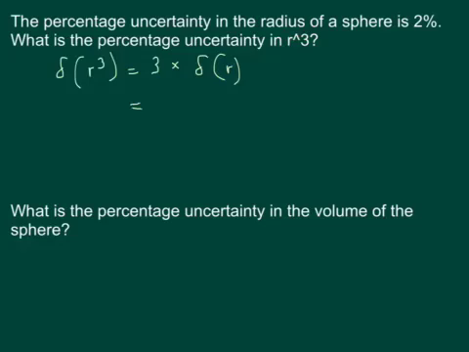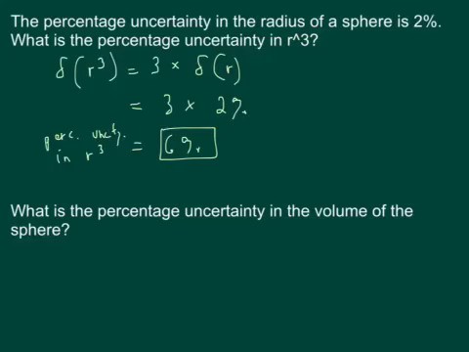And what's that going to be? It's 3 times 2%. That gives us 6%, plus or minus 6%. So that's the percentage uncertainty in r cubed, which is what they asked us to find.